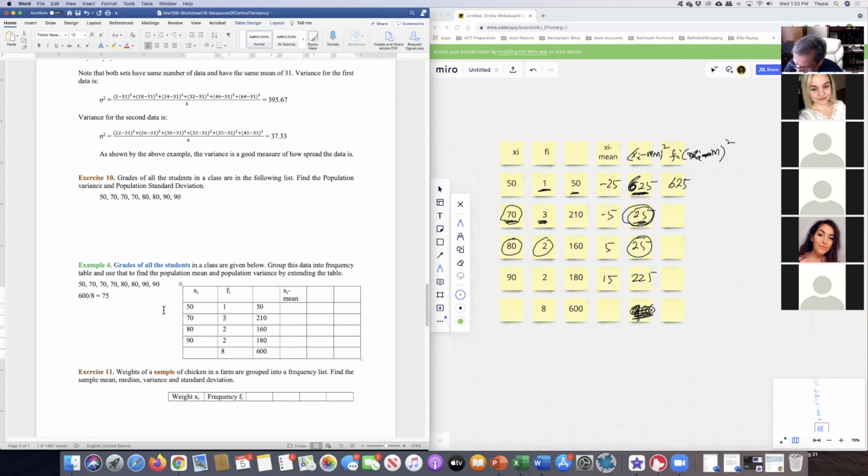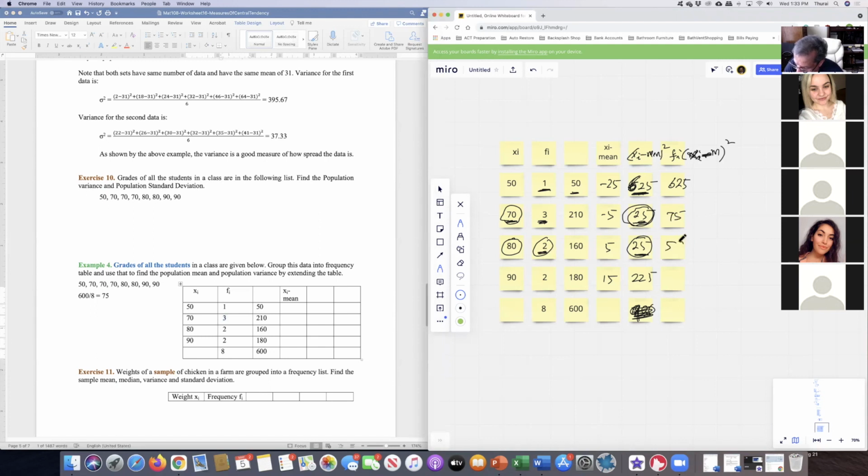So 625 is there only once, so only one 625. The 25 here is there 3 times, so 3 times 25, 75. This 25 is there how many times? 2 times, so 50. 225 here is there 2 times, so 450.